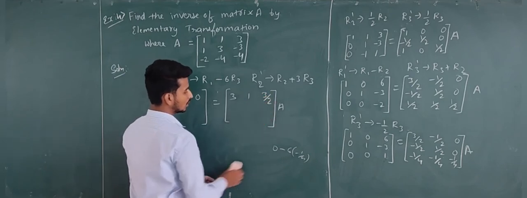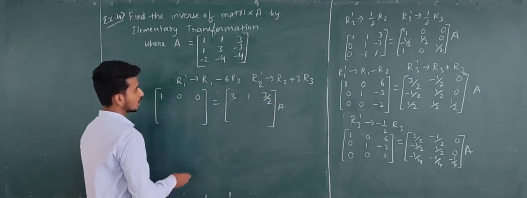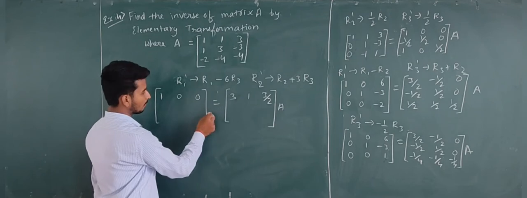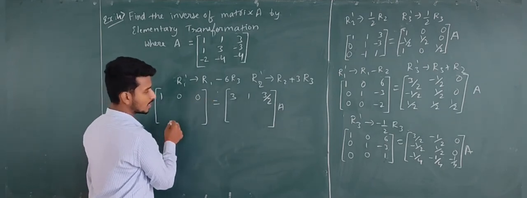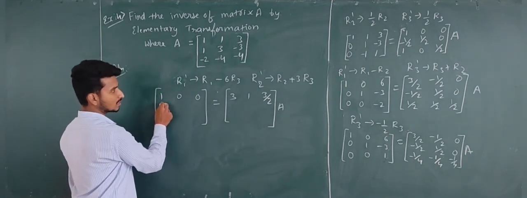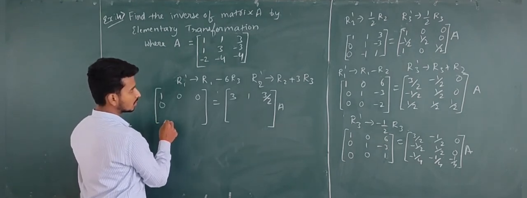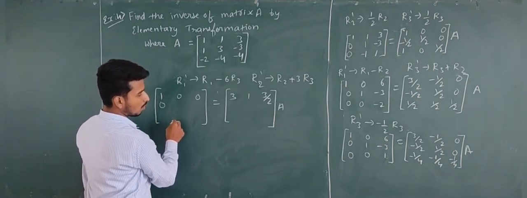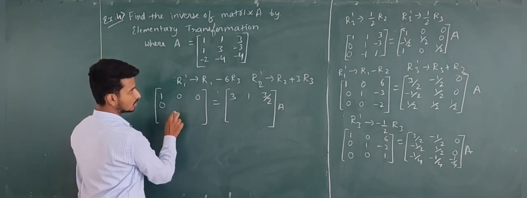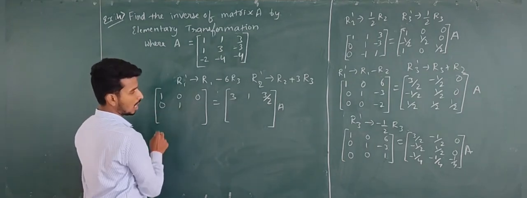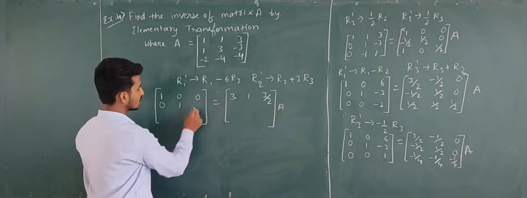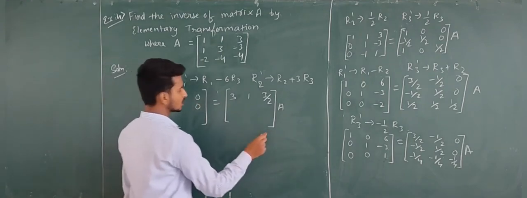Now the second row. The second row is R2 plus 3 R3: 0 plus 0 is 0, 1 plus 3 into 0 is 1, and minus 3 plus 3 is 0.